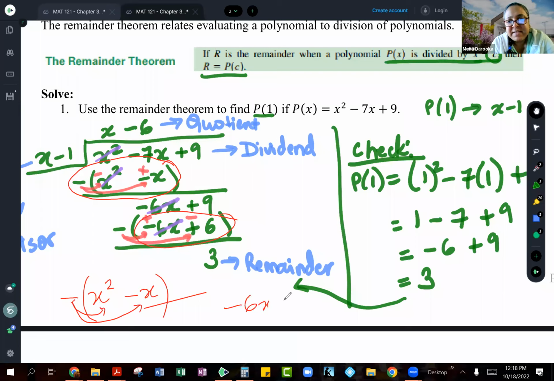You had -6x plus 6, and you're taking that whole thing and subtracting it from this expression here. Otherwise that negative would only apply to the first term and not the second, and that would be incorrect. So in this case, you will end up distributing that negative sign.